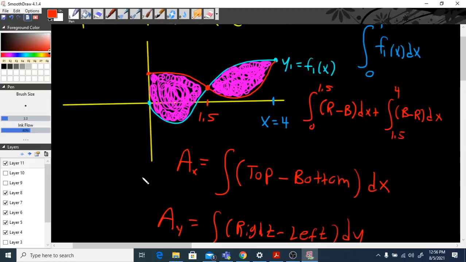All right, so now let's actually do an example. Okay, so here we go. Let's do F1 is e to the x, and F2, let's make that the square root of x.